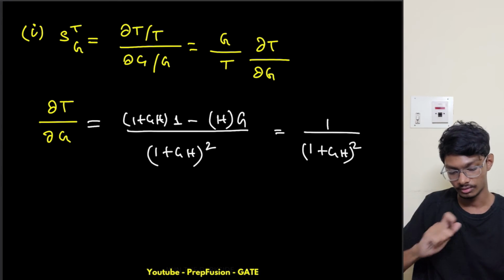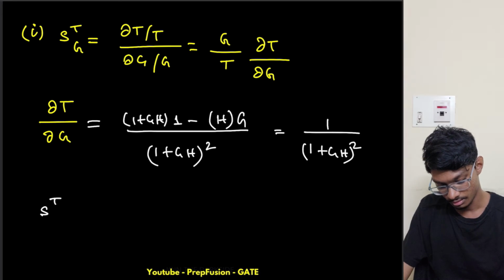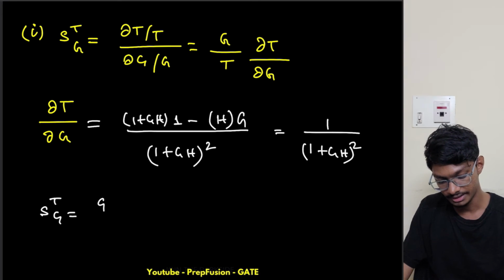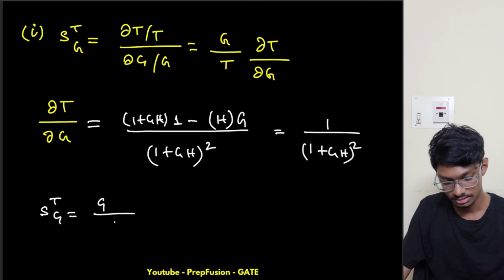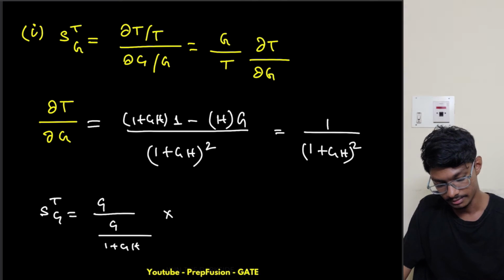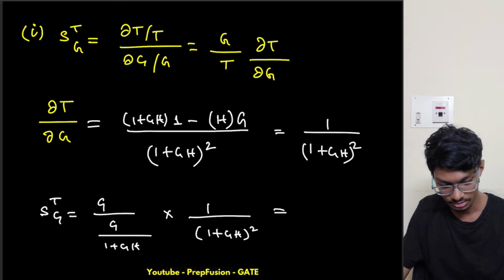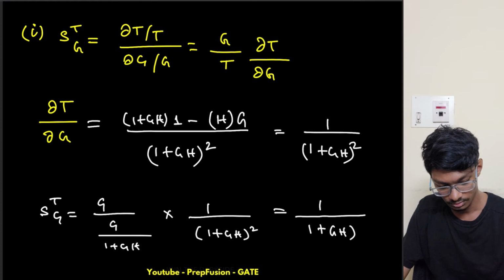Now let's find the sensitivity. S of t upon g equals g by t. Now what is t? T is g by 1 plus gh, times 1 by 1 plus gh whole square. So this is 1 by 1 plus gh.